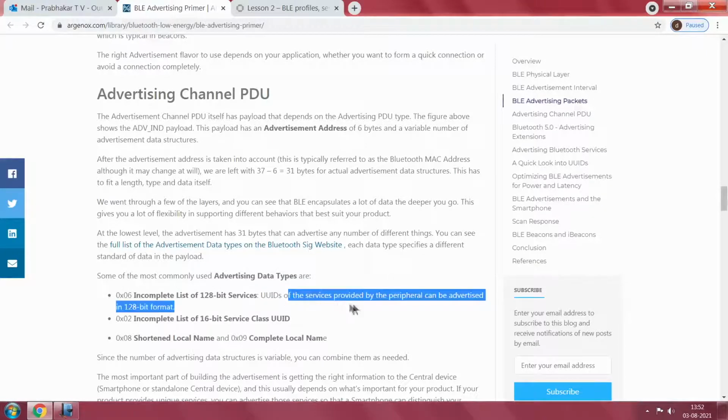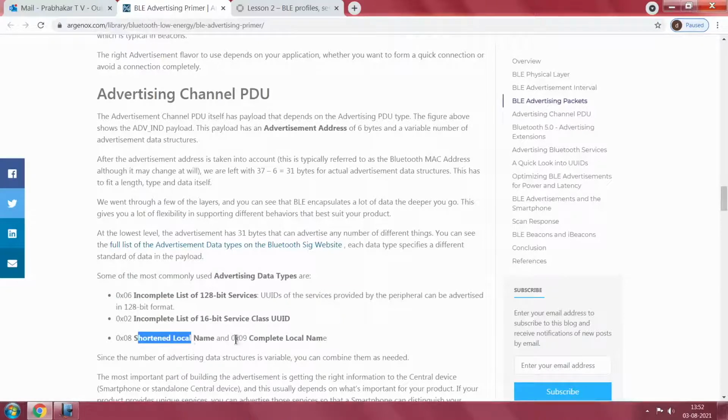UUID services provided by the peripheral can be advertised in this 128 bit format, and if you put 02, it is incomplete list of service class UUIDs, and if you put hex 08, it is shortened local name, and if you put 09, it is complete local name. So these are the different types of advertising data types which are most commonly used.